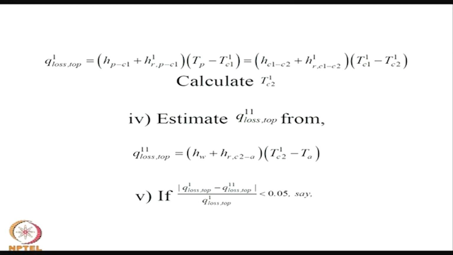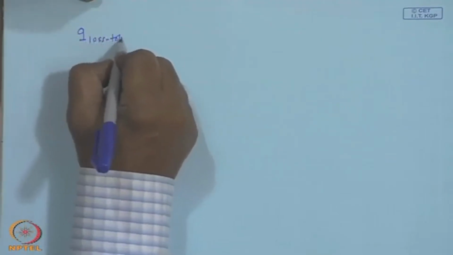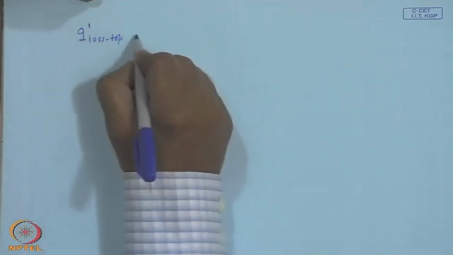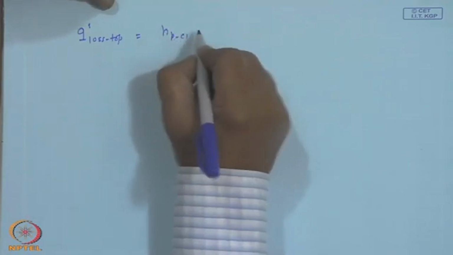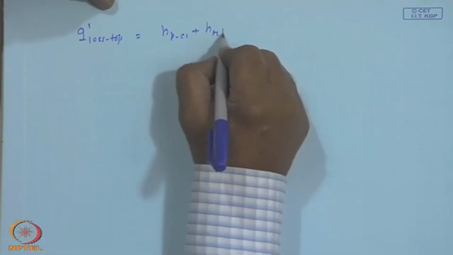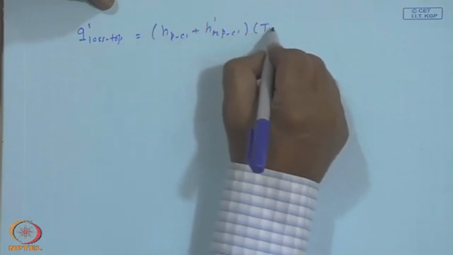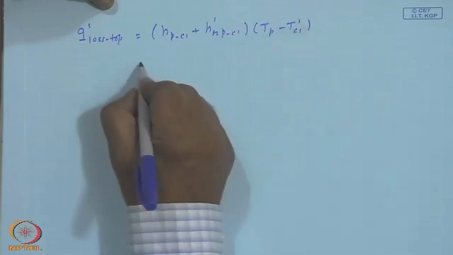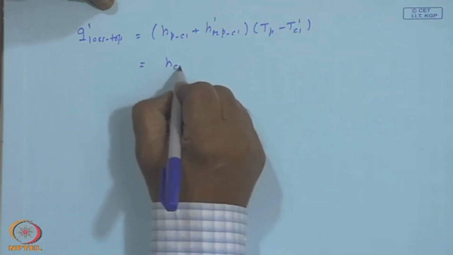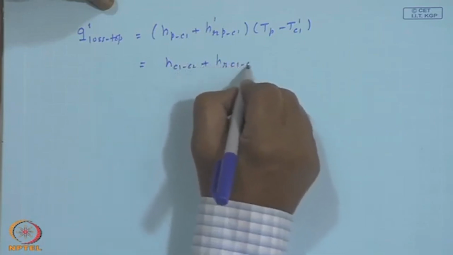So, this relation will be: Q loss top 1 should be equal to H p C 1 plus H r p C 1 1 times T p minus T C 1 1, which should be the same as H C 1 to C 2 plus H r C 1 to C 2.